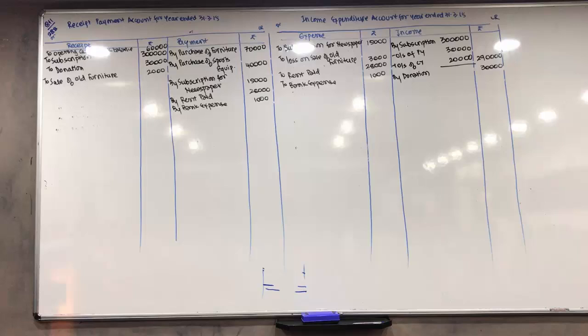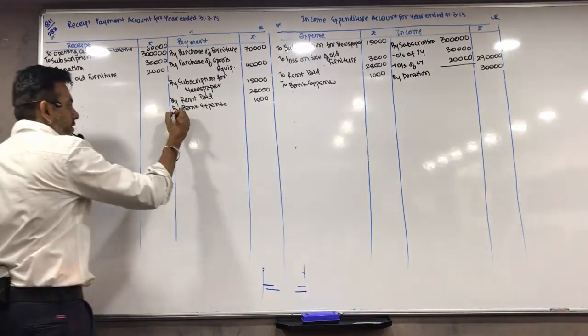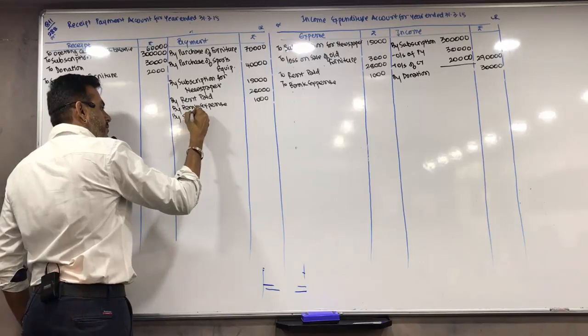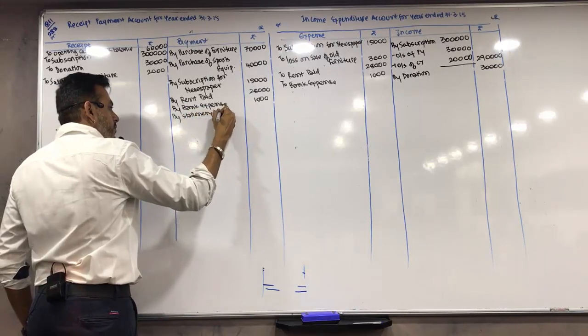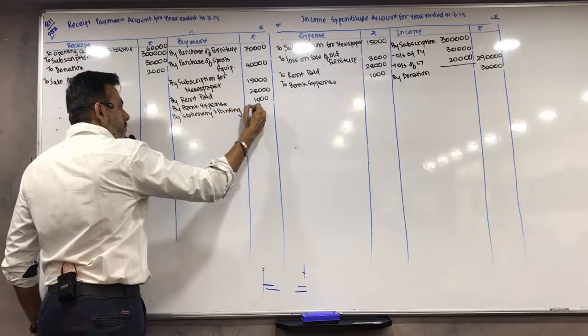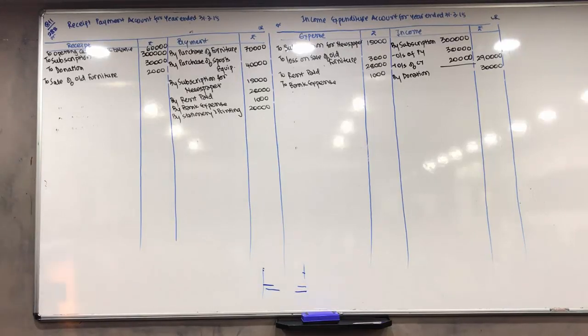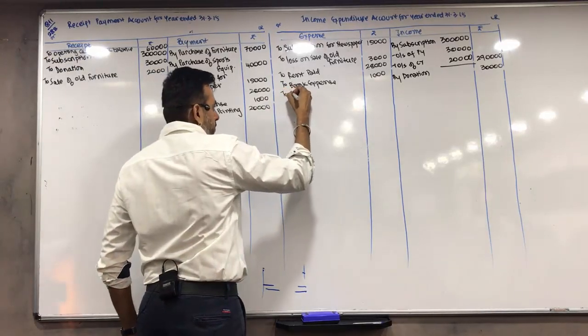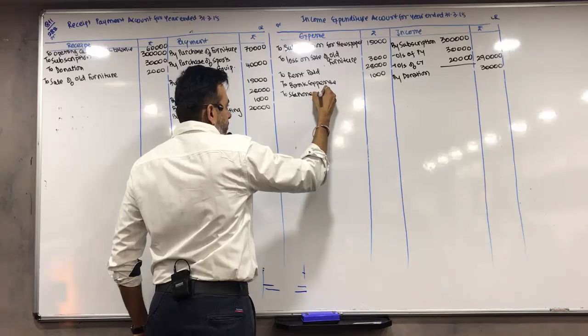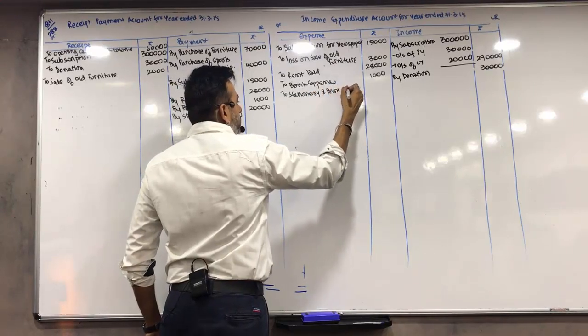Stationery and printing 20,000. Now total हमने कितना पे किया? 20,000 पे किया. So payment side by stationery and printing, and in income expenditure account expense side inner column to stationery and printing 20,000.